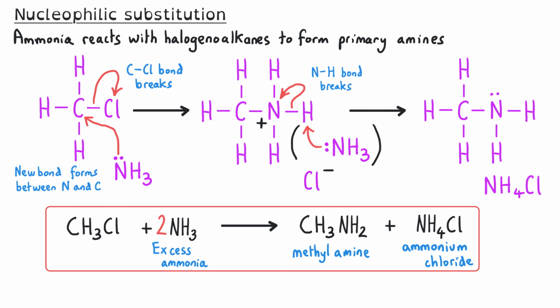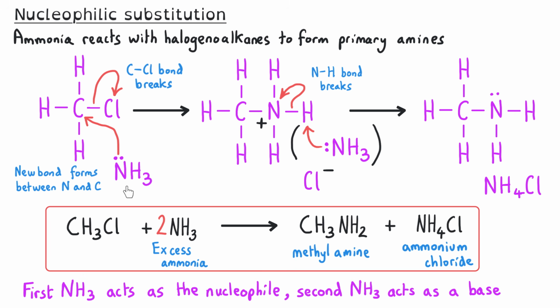The overall equation for the reaction would have the chloromethane reacting with two molecules of ammonia and producing methylamine and ammonium chloride, with the first ammonia in the reactants acting as the nucleophile and the second ammonia molecule acting as a base.